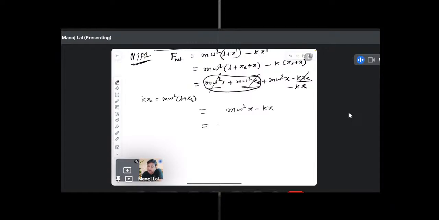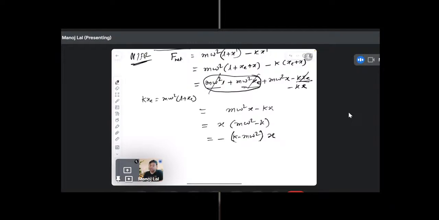And I can write x common. I can write (m omega square minus k), and let me write it will be minus of (k minus m omega square) x. Right.